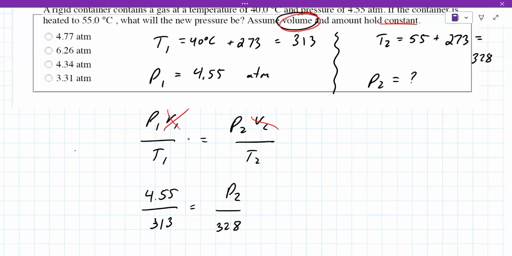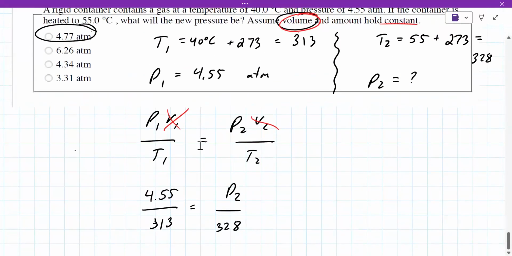Wait, 4.55, I did that wrong. 4.77. It should be a little bit bigger than the original number. Yeah, good.